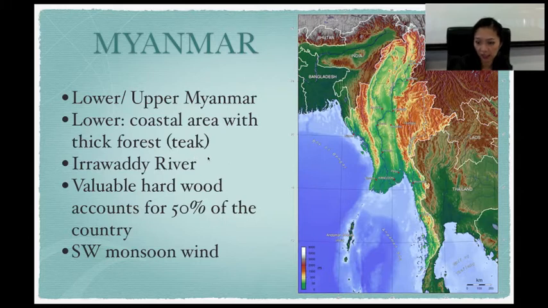All right, it's teak forest, oil-bearing and timber trees. The Irrawaddy River, this is how you spell it. Irrawaddy River is the major river of this country as it provides fertile sediment to the area, making the river delta suitable for rice cultivation.